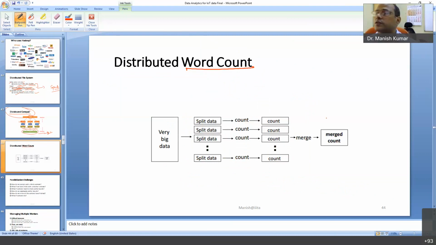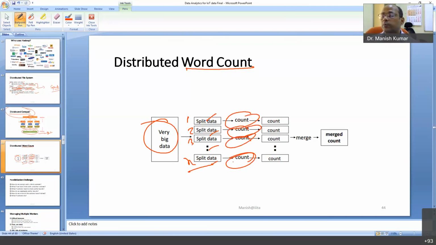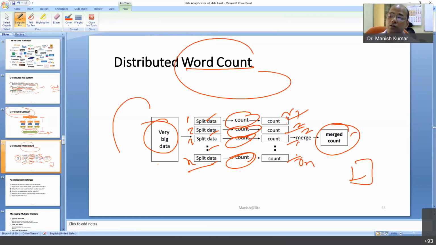A very famous example of the divide and conquer methodology, as seen in Hadoop, is that you have very big data and you split the data. So you can have 1, 2, 3, n nodes. Then each node performs the count part, generating R1, R2 and Rn, and then these are merged and you get the word count of the entire data.